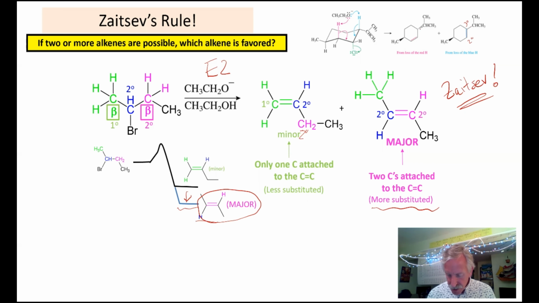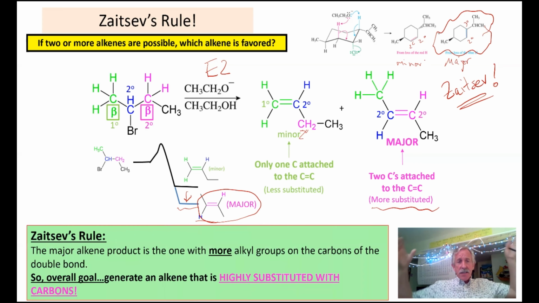So you can just look and classify the type of alkene carbons, primary, secondary, tertiary, and notice this is the more substituted one. So this is the product I would hope that you would write as the major product and the only product if that's all I'm asking for. But sometimes we ask for major and minor, and this would be the minor product. You'd make a little bit of that. Okay, so Zaitsev to the rescue.